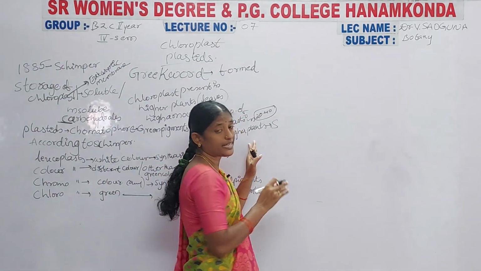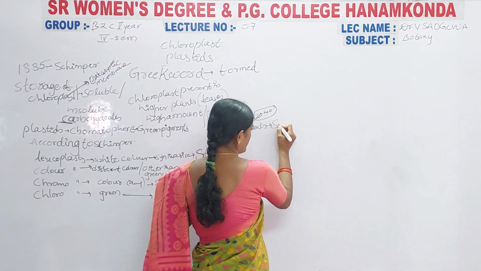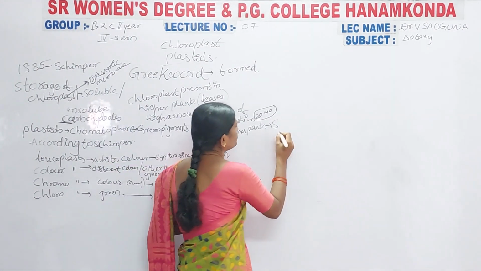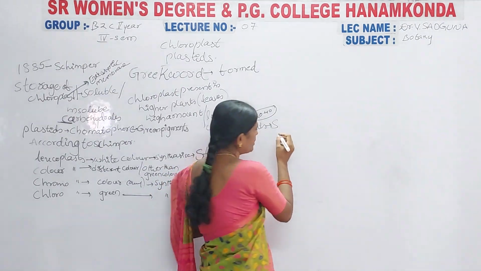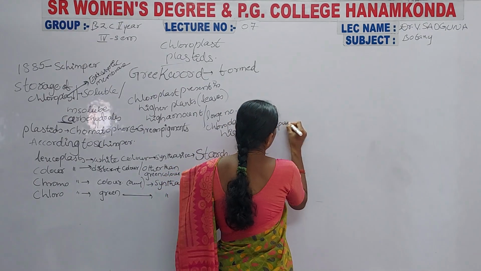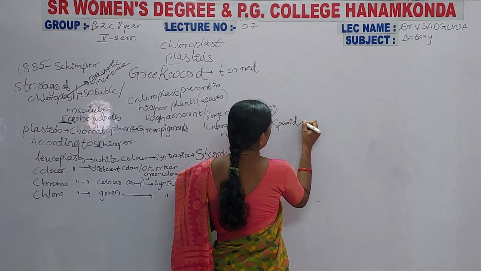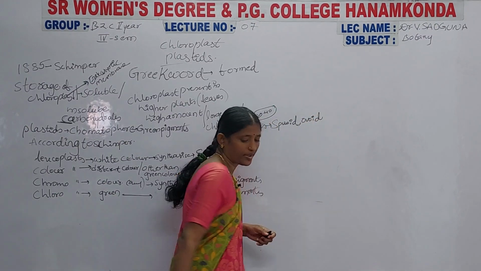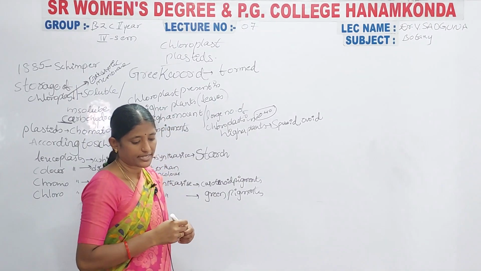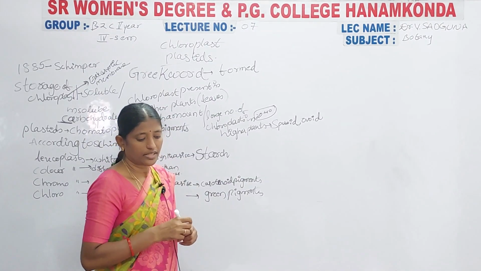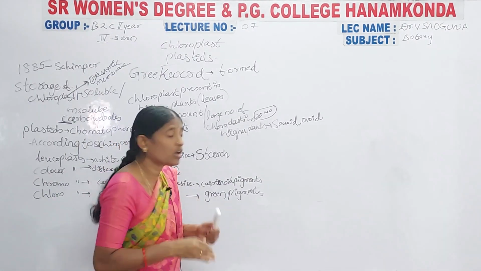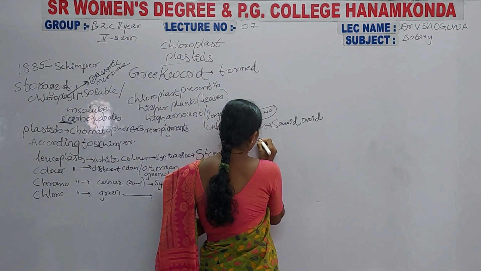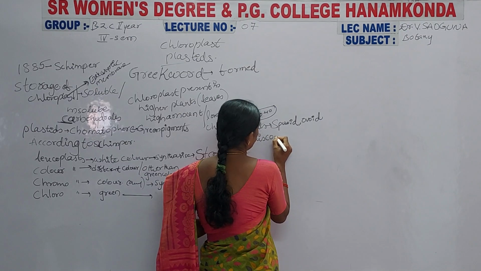In higher plants the chloroplast is spheroid or ovoid, and sometimes the discoid type of chloroplast is also present.